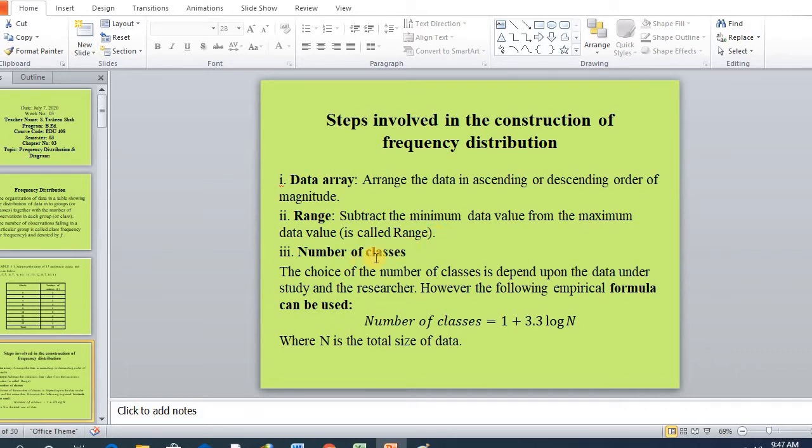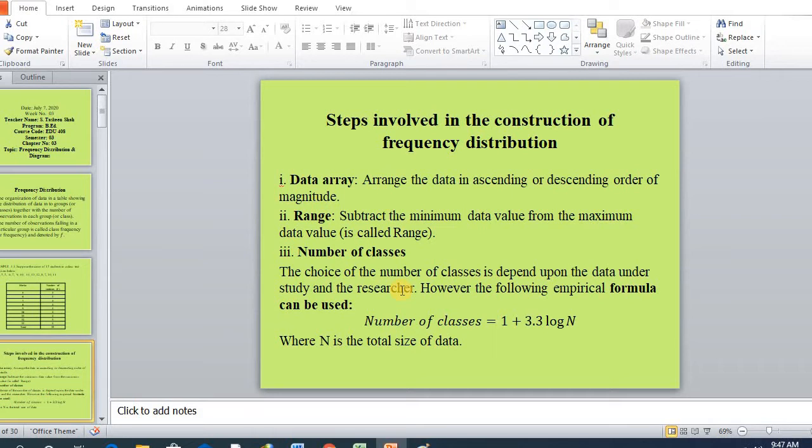Number of classes. The choice of the number of classes depends on the data under study and the researcher. It means if the data size is large, the number of classes should be large. If the data is small, the number of classes should be small.